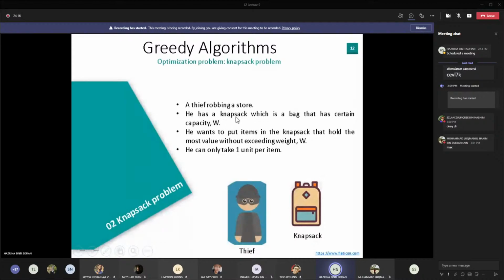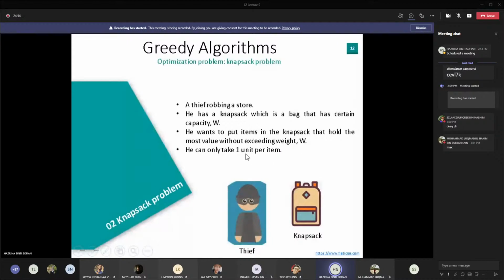He has a knapsack, which is a bag that has a certain capacity of W. So this knapsack can only hold the capacity of W. This W can be the weight or the size of the bag, but in this case, it is weight. He wants to put items in the knapsack that hold the most value without exceeding the weight.